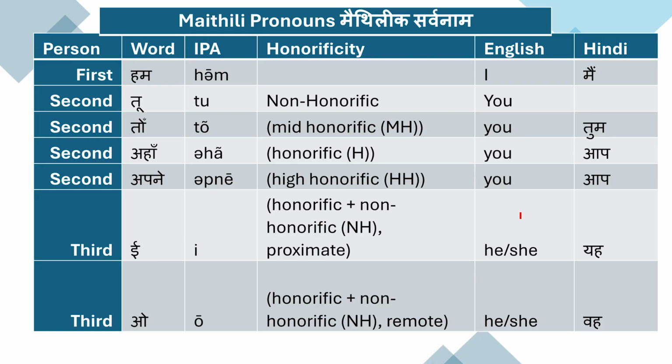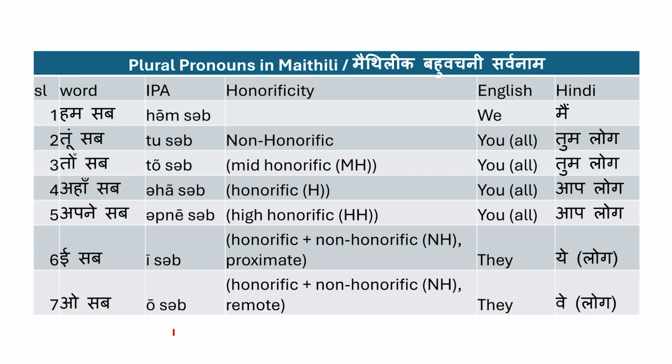So, tu is the first, which is non-honorific, then ton, which is mid-honorific, and then aha, which is honorific, and then the last one apne, which is high honorific. Then in the third person, you have 2 denoting proximal, the nearby ones, and the remote ones. So, E stands for the proximate and O stands for the remote.